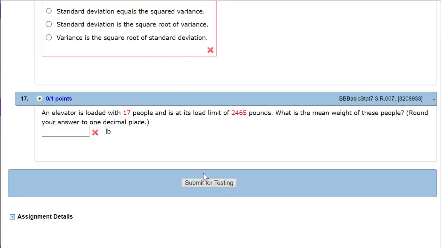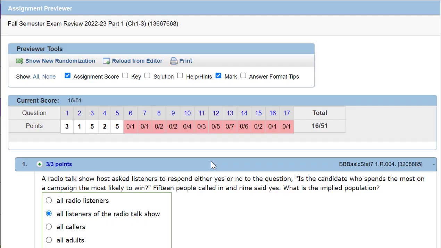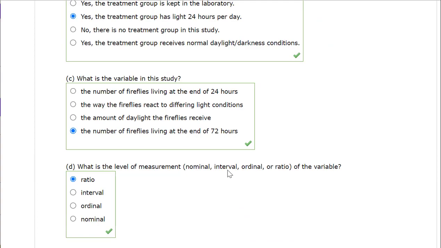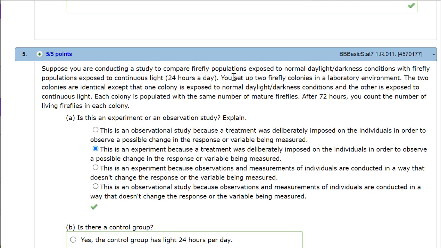So what happened there, and I'm fairly confident this is right. Yeah, okay. So Mrs. Overman was not reading carefully between the multiple choice questions. We actually watched the fireflies after 72 hours. See how that 24 hours threw me off? Be careful with that kind of thing.